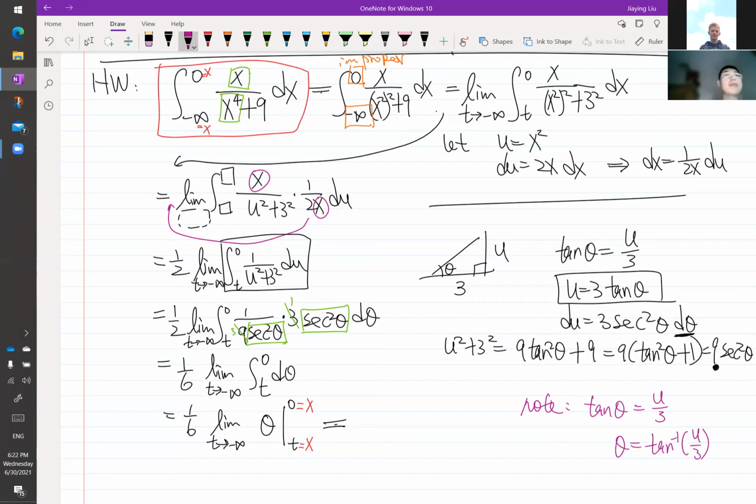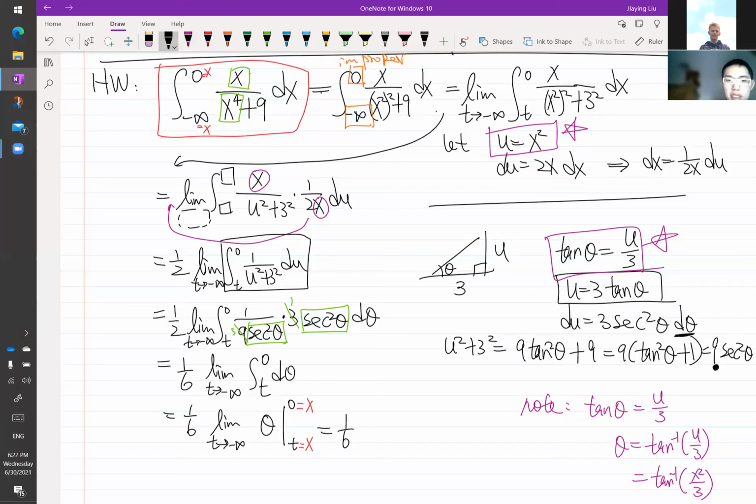Well, that's one step closer to getting x, right? Because we know u in terms of x. That's one relationship we're going to use when we go backwards. The second one we use is u equals x squared. So this equals inverse tangent, u is x squared, so x squared over 3. So now we get theta in terms of x, and I can put it back into the limit.